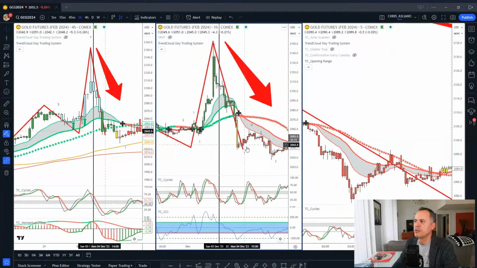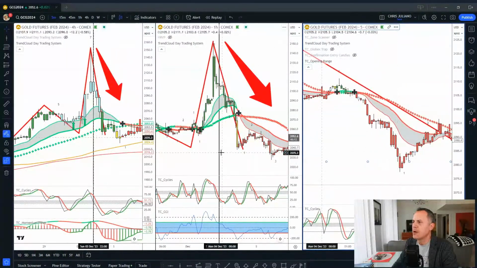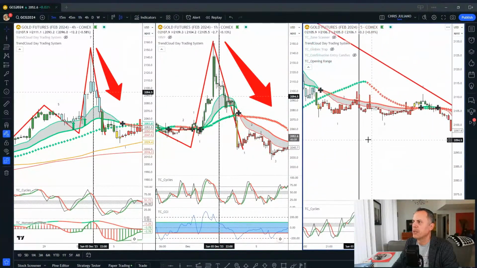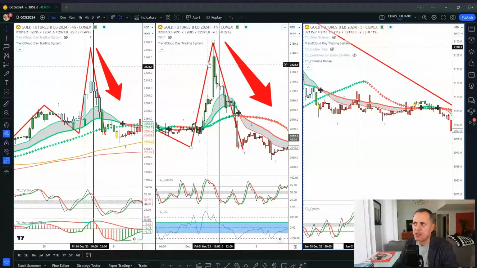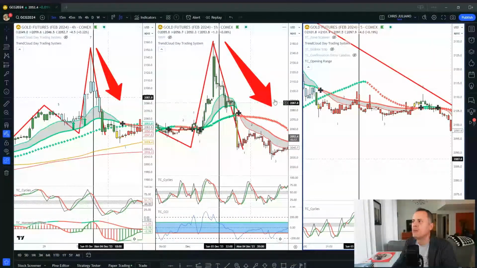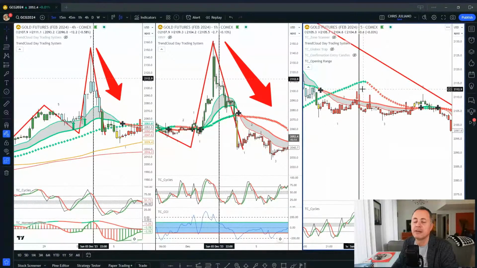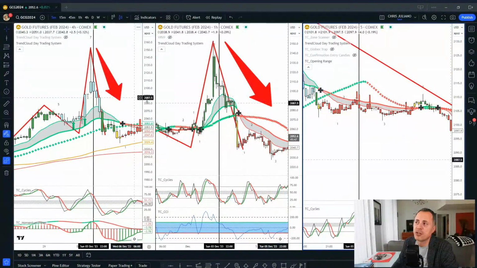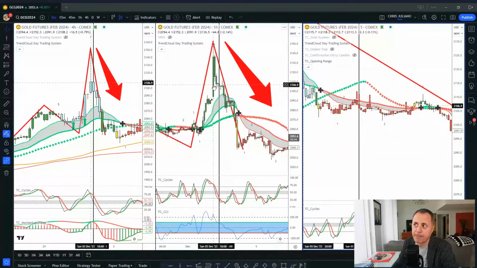Lower time frames will definitely see some kind of trend reversal as long as you've got it on the highest time frame. Middle time frame extended trend is more like a deep pullback for your high time frame. And will also probably look like a trend reversal on the lowest time frame. It makes sense, right? This time frame will be a trend reversal for this time frame. This time frame will be a trend reversal for this time frame.